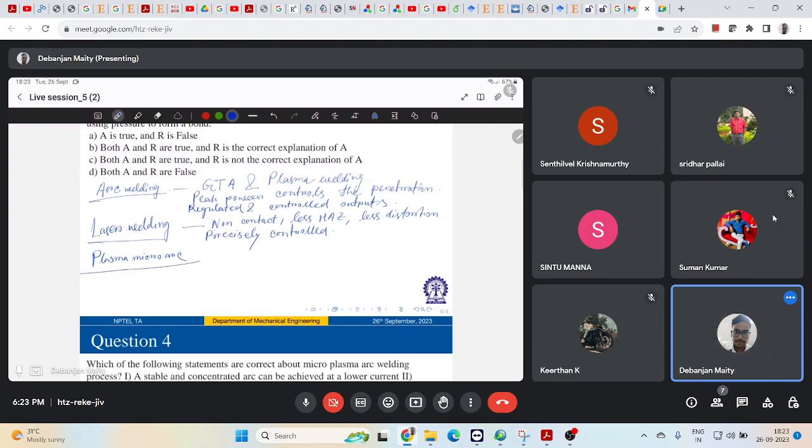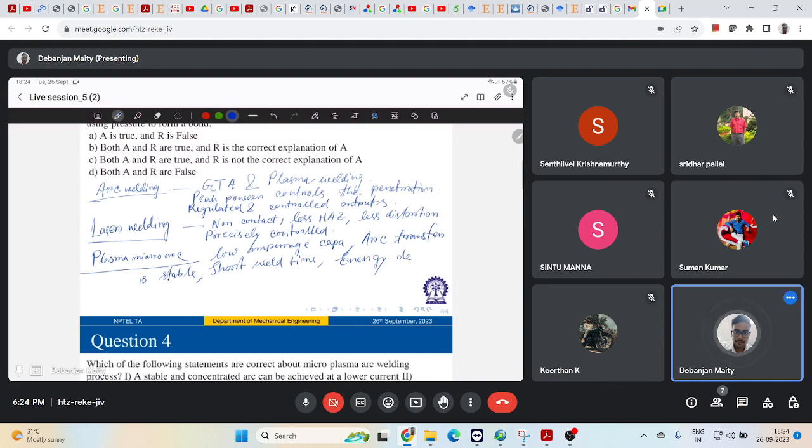After laser welding, you have plasma welding, the micro plasma arc. In microplasma welding, you have low amperage capability, and the arc transfer is stable. You also have short dwell time possible, and the energy density is very high.